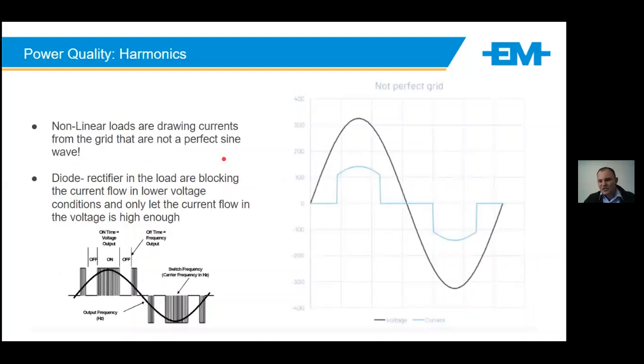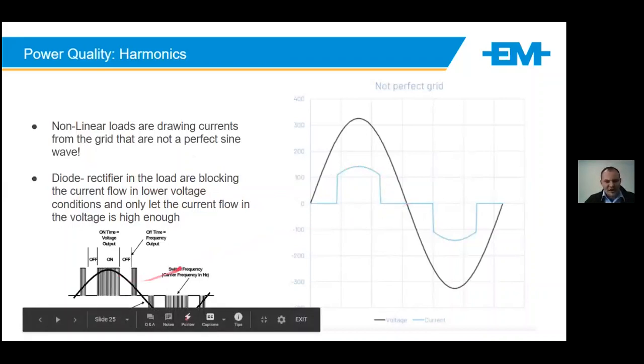So in this example, if we imagine this was a waveform being measured on a variable speed drive, nonlinear loads are drawing currents from a grid that are not a perfect sine wave. If we look at this current waveform, the diode rectifier in the load will be blocking the current flow at lower voltages, and only at a specific voltage would it let the current flow through.